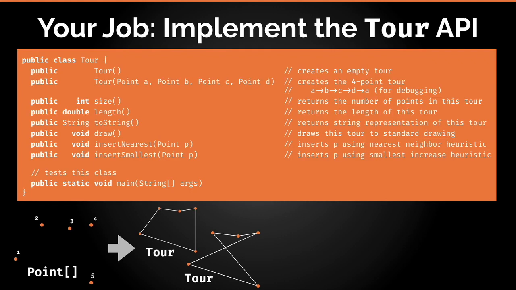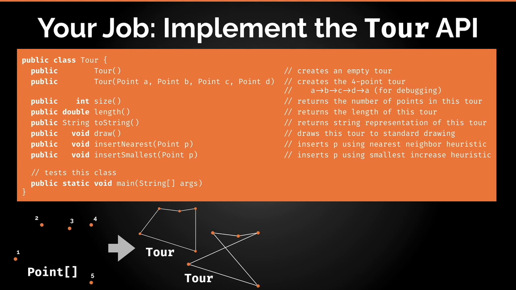You have to implement two constructors, one that creates an empty tour. That's the one that you're going to be using in actuality, because you're going to be creating an empty tour and then adding all of these points one by one until they're all added. And then there's a second constructor that creates a 4-point tour. The point of that constructor is only for debugging. The whole point is to make sure that while you're building your program, you're creating mock tours and seeing how they behave.